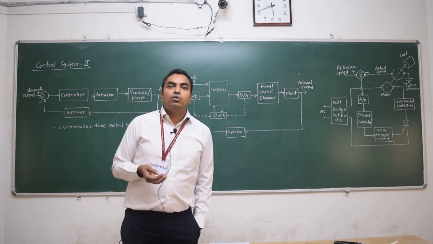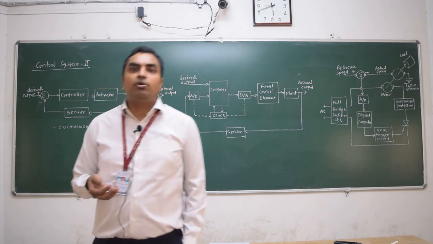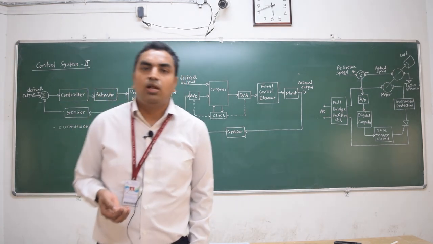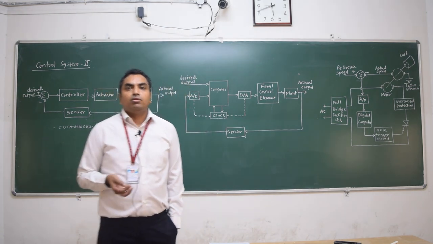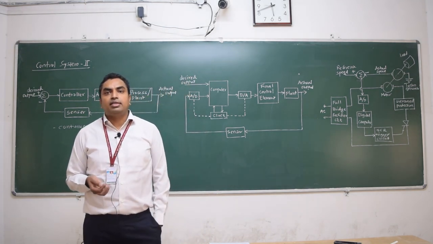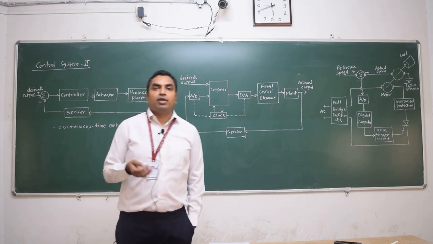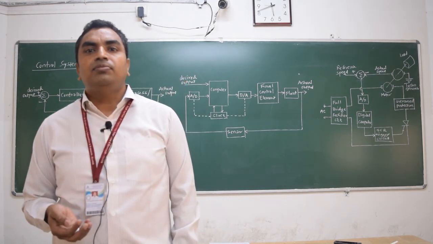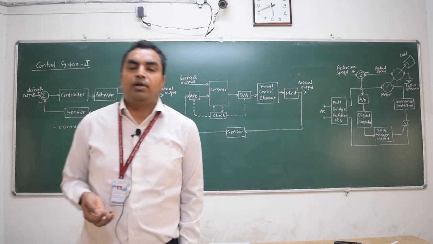Then how to define the stability of system in frequency domain using Bode plot, polar plot, Nyquist plot. What are the different criteria for determining stability, concepts of gain margin, phase margin, all that we have studied in the 5th unit and 4th unit.